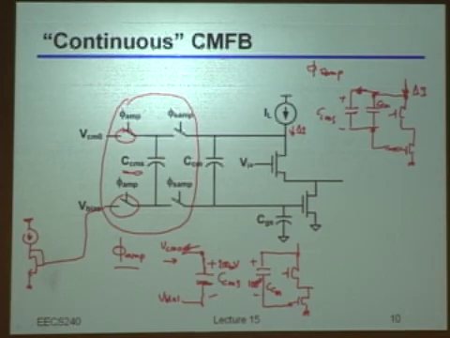But at the end of the day, if I look at the end of the cycles, I've had some charge transfer. So all that I need to do in order to absorb this delta I is to enforce that this equivalent resistor that I'm seeing there is small enough. This is a similar constraint to the one I had on the previous circuit, but it's much more relaxed, and you will see this when we discuss switched capacitor resistances.